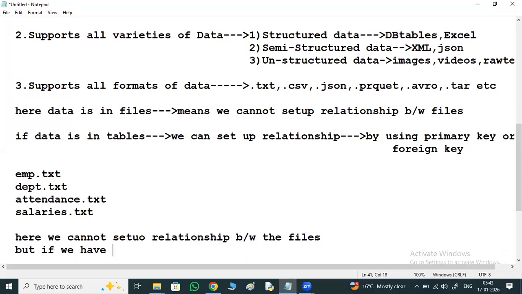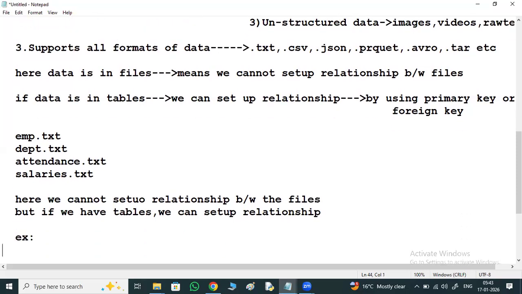But if we have tables, we can set up relationship using primary key or foreign key.